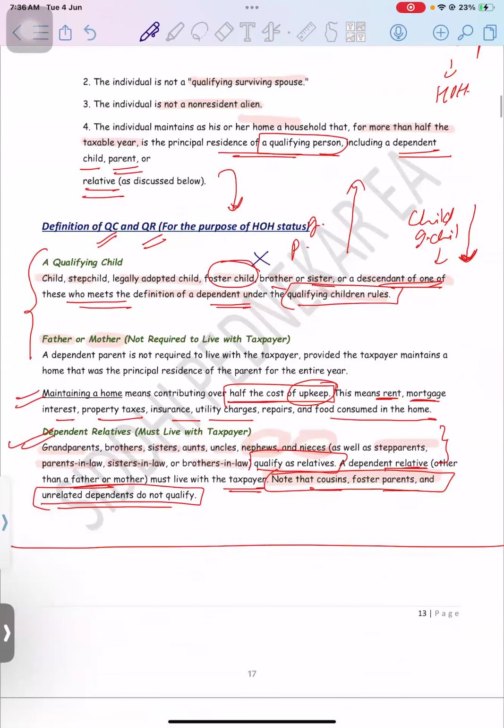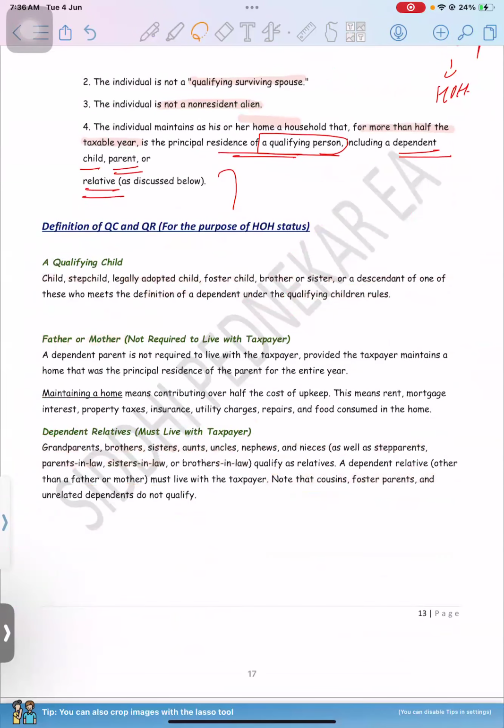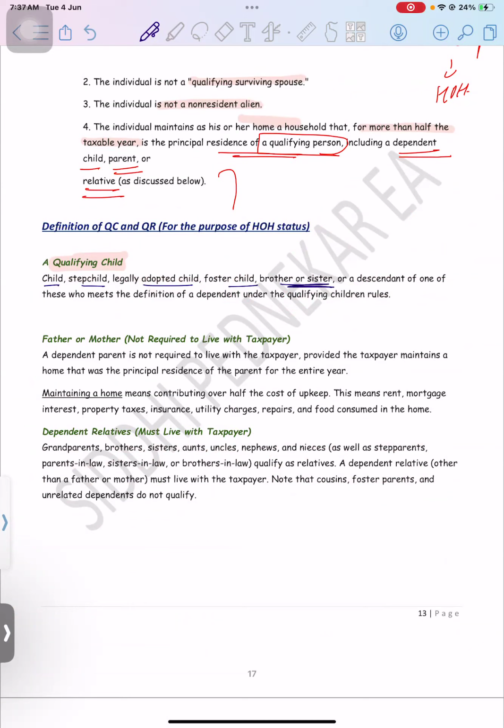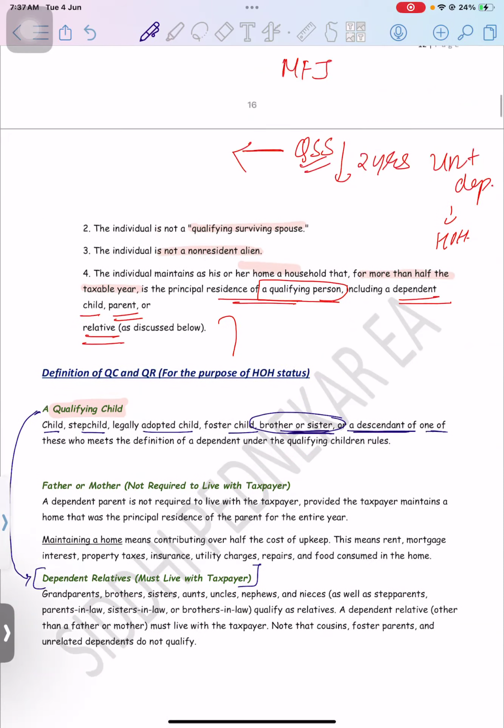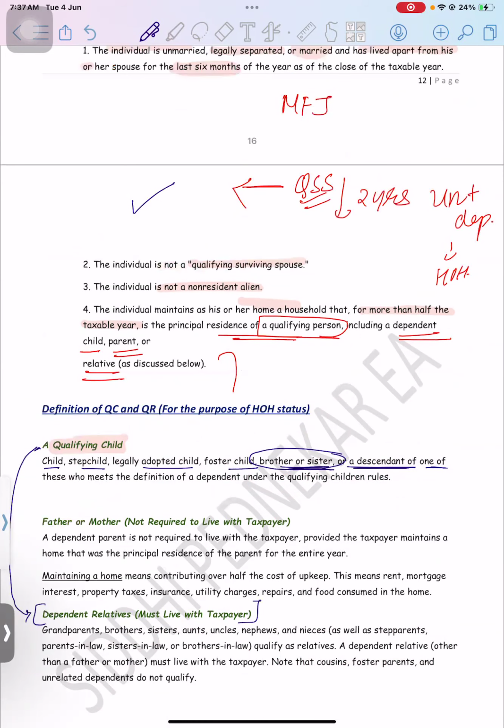For qualifying child, there is child, stepchild, legally adopted, foster, brother, sister is fine, but cousins are not allowed, and a descendant of one of them. Brother, sister means your real brother, sister, not your descendant, not your cousin. Those are not falling under the qualifying child definition. They will fall under the definition of qualifying relative for identifying the head of household status.